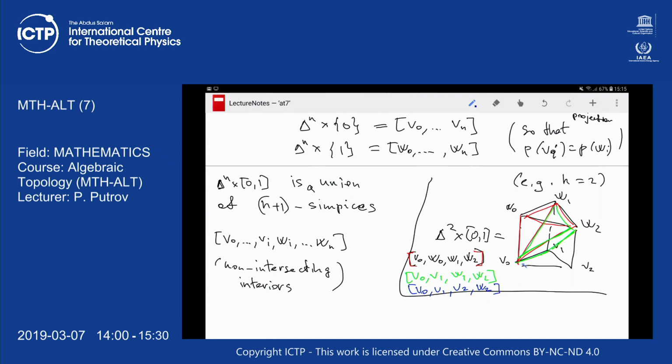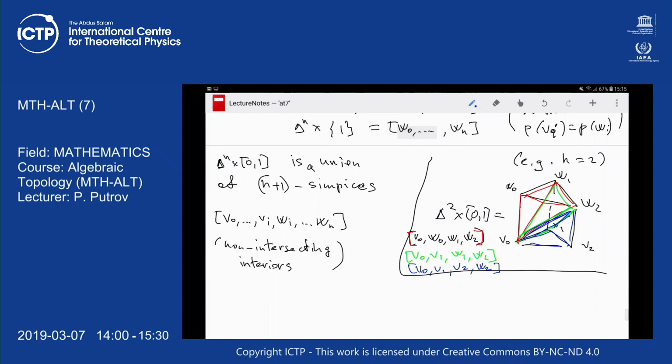And this will be this one. So we split this triangle times interval into 3 tetrahedra with non-intersecting interiors. So this is an example when i equals 2, but of course there is the general situation.